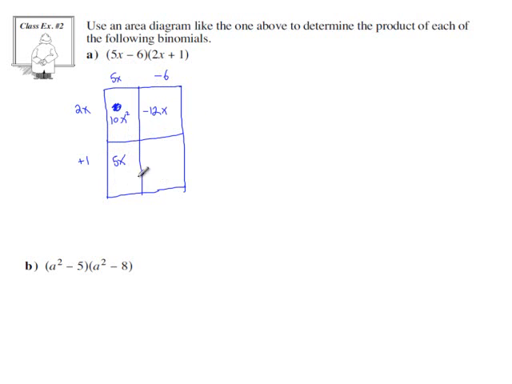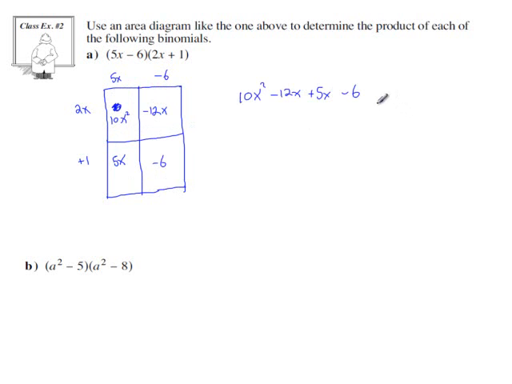And the last rectangle here, positive 1 times negative 6, is negative 6. Okay, now to find the total area of the whole rectangle, you're going to add up each of these little rectangles. So I get 10x squared minus 12x plus 5x minus 6.